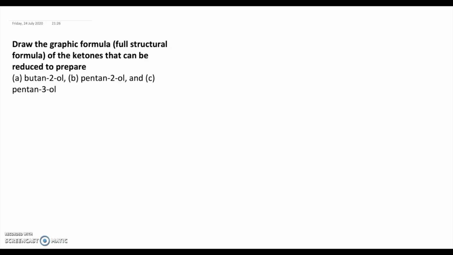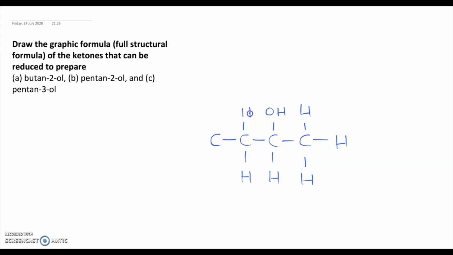So for question 4, you're asked to draw the ketones that are reduced to form butan-2-ol, pentan-2-ol and pentan-3-ol. So let's start with butan-2-ol. So butan-2-ol has 4 carbons in the chain, and there's an OH group on carbon 2. So I'm going to put my OH group on carbon 2, and then what I'm going to do, just as I did with the previous questions, I'm going to remove hydrogen from this molecule.